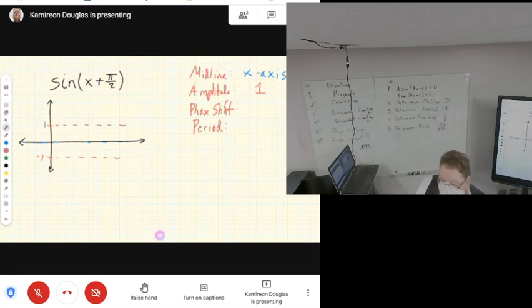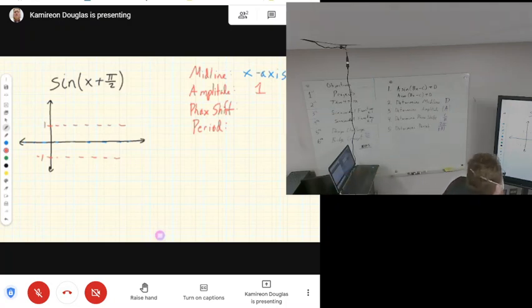Next question, phase shift. Don't be freaked out. Listen to the function. It is supposed to be b of x minus c, and the phase shift is c over b. So for this problem, what is my phase shift? Left pi over 2. It ends up being negative pi over 2, but the negative just means go to the left.